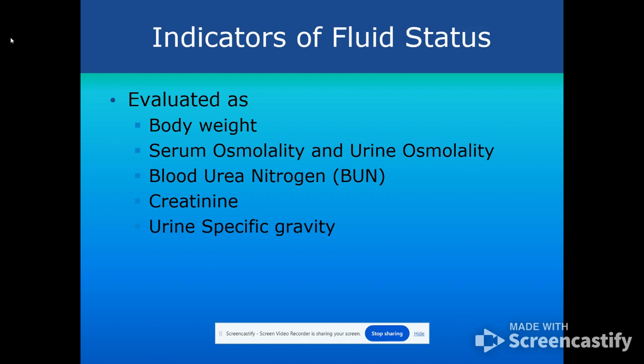Increases in serum osmolality are seen in patients with hyperglycemia, hypernatremia, and severe dehydration. Decreases in serum osmolality are seen in patients with renal failure, diuretic use, and fluid volume excess. When there is less water, the concentration of particles is higher.